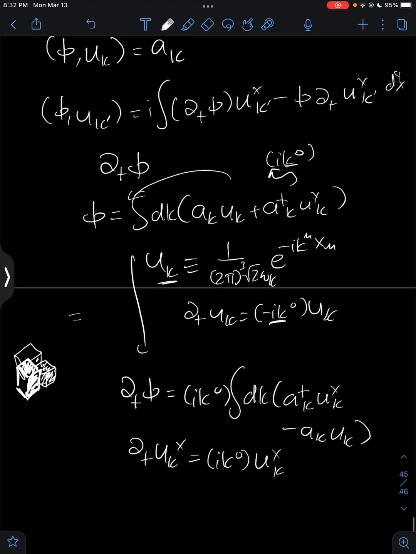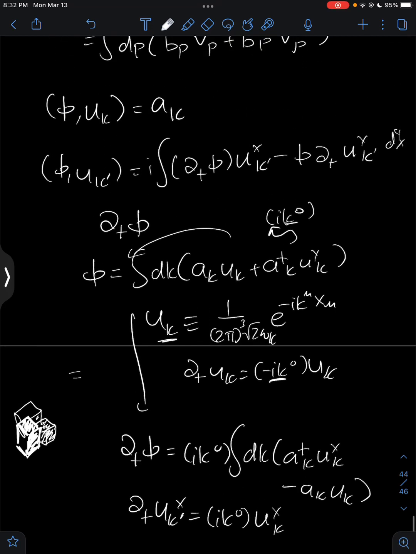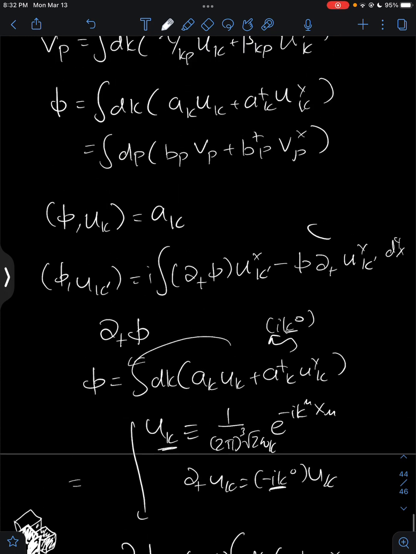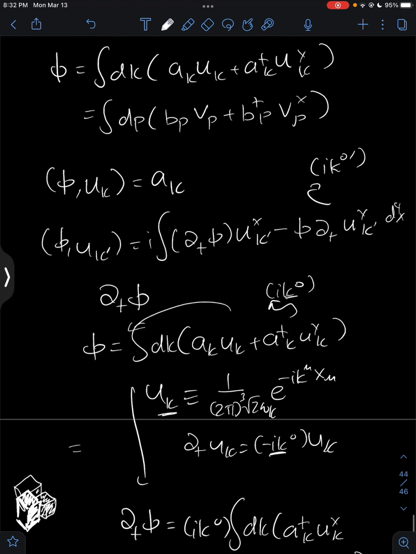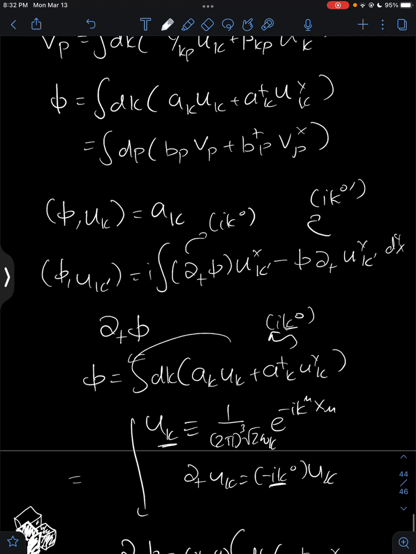Actually, remember that we were looking at k prime, so technically it's i k^0 prime u conjugate k prime. This will give us a contribution of i k^0 prime, and a net contribution of i k^0. We can do what's called abuse of notation and just pretend that k^0 equals k^0 prime in the end.